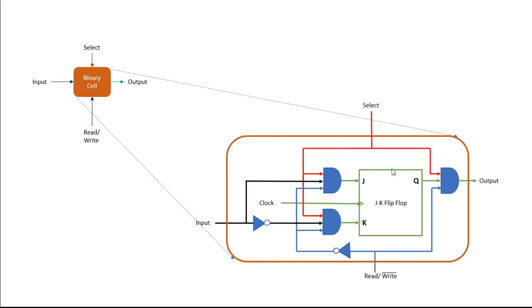But since JK flip-flops are used and they support all the things that are required by a binary cell, we build a circuitry around this JK flip-flop so that it takes only one input, one select line, one read or write line, and it gives one output. This is the circuitry.